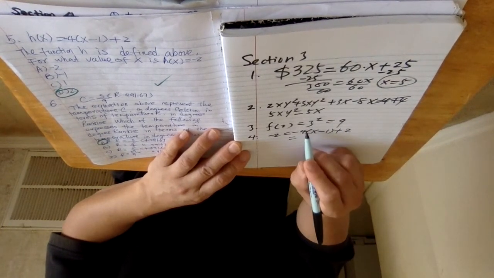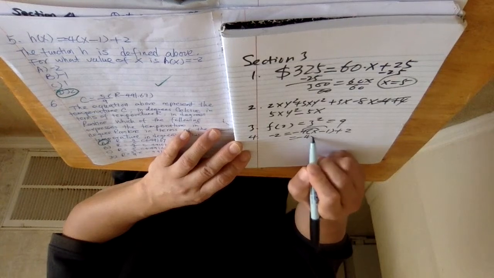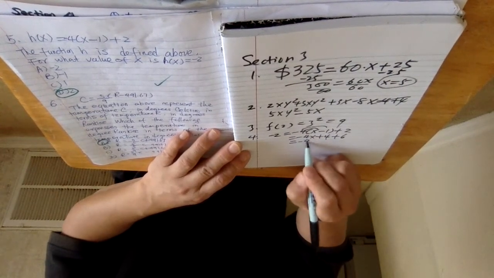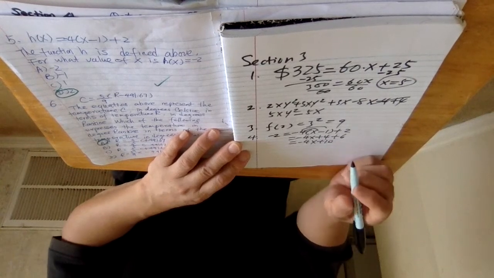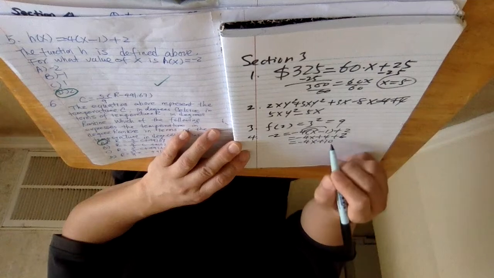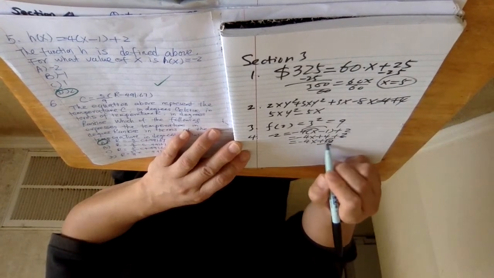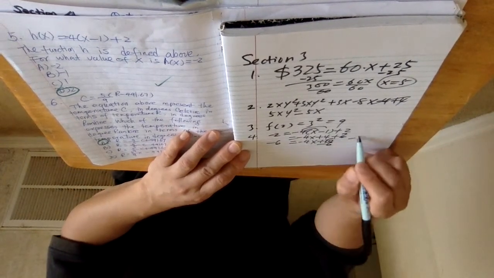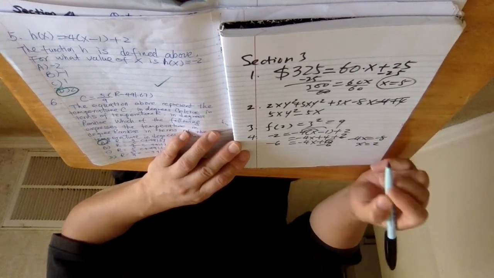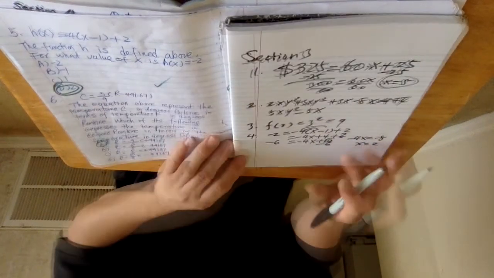We use the distributive property. It will be negative 4x plus 4 plus 2 equals negative 4x plus 6, minus 6 on both sides. So negative 4x equals negative 8, x equals 2. The answer is D.